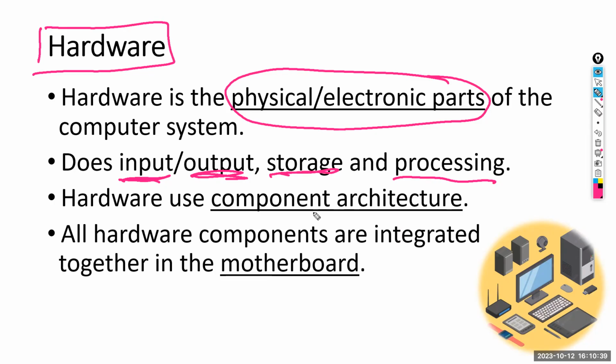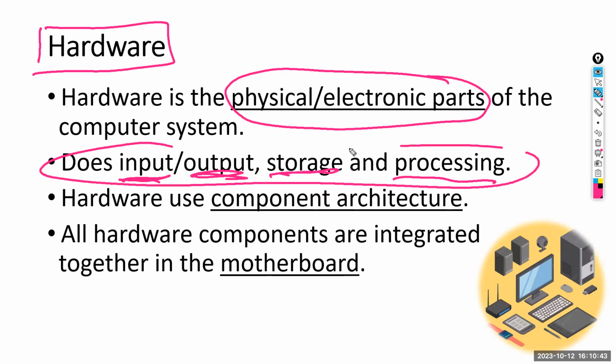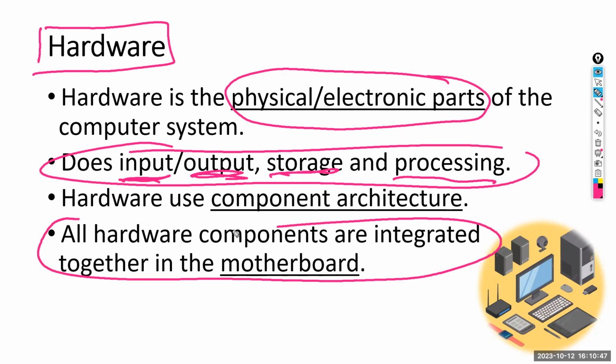And also we need hardware that binds these things together. That hardware component is called the motherboard, right? So basically hardware includes input devices, output devices, storage devices, processing devices, and motherboard, and any other supporting device.